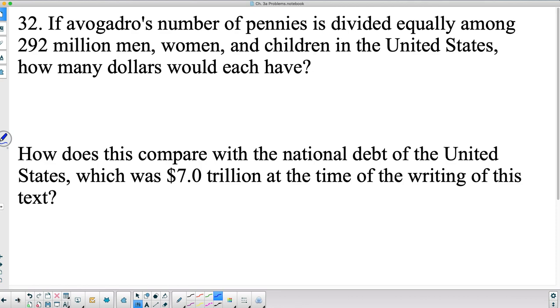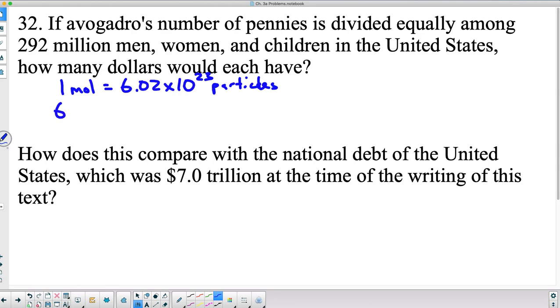What is Avogadro's number? So Avogadro's number is 1 mole of something. 1 mole of anything equals 6.02 times 10 to the 23rd particles. Okay, so this is Avogadro's number, 6.02 times 10 to the 23rd. So what does that mean?